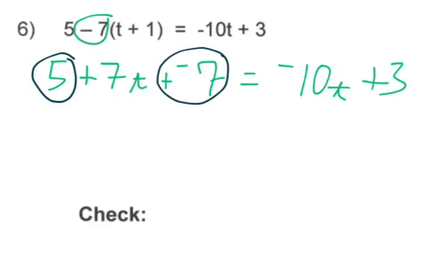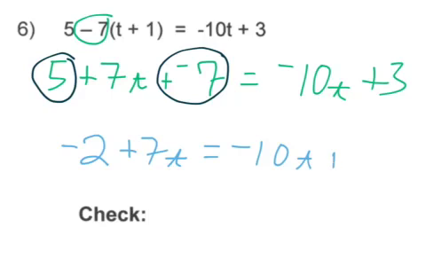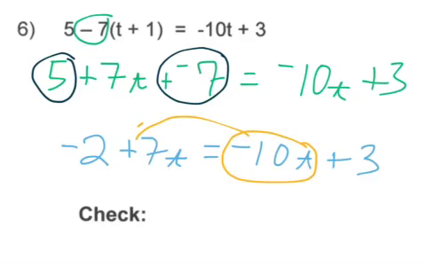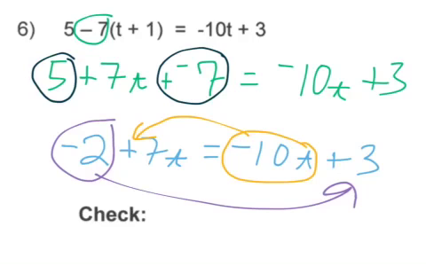So our next thing to write would be 5 plus a negative 7 is a negative 2 plus 7t equal negative 10t. Now let's move things around the equal sign. I'm going to take my negative 10t, bring it over to the 7t side, and I'll take my negative 2 and move it over to be with its friend.